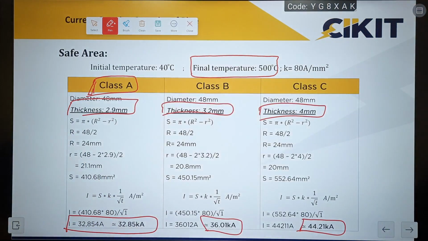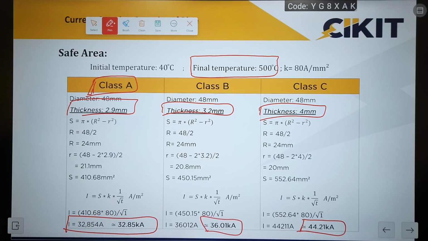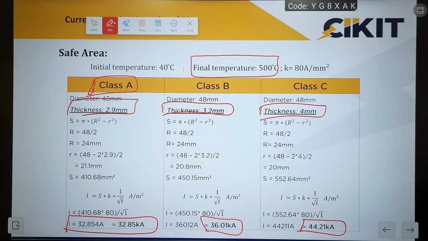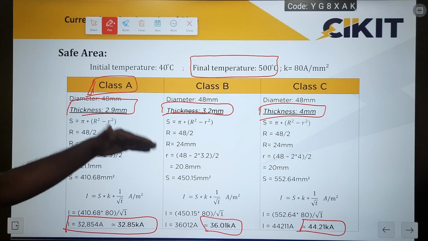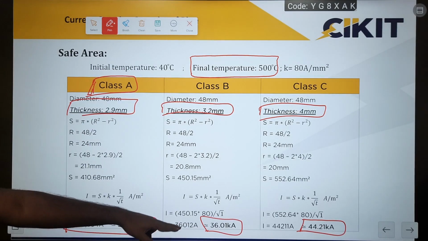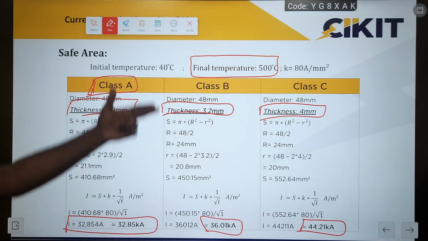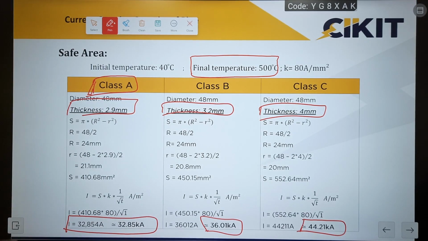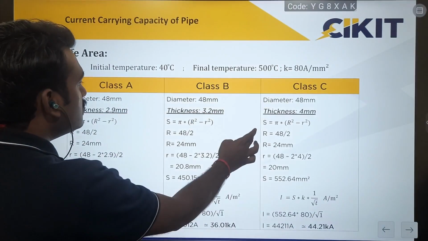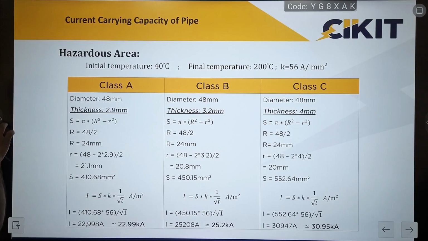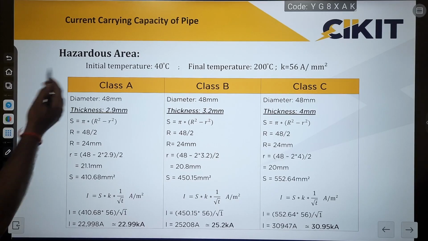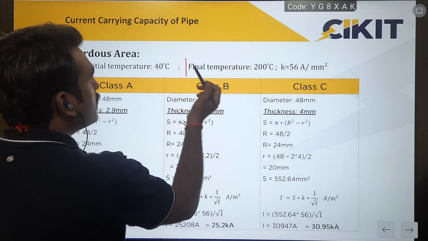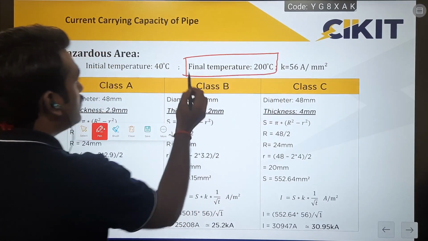If we are working in an explosive storage materials area where an increase in temperature is not recommended, then the current carrying capacity has to be reduced, because if 36 kA current flows, the final temperature will be around 500 degrees centigrade, which is not acceptable in a hazardous area. The standard has clearly mentioned the restrictions for hazardous areas. For a hazardous area, the final temperature will be only 200 degrees centigrade.